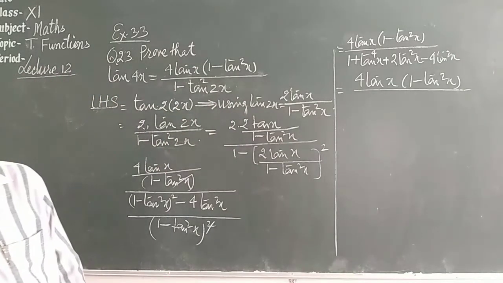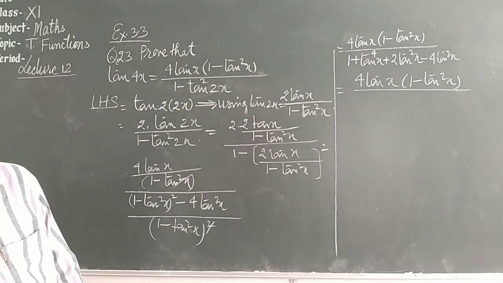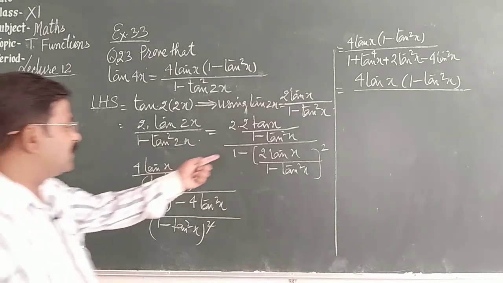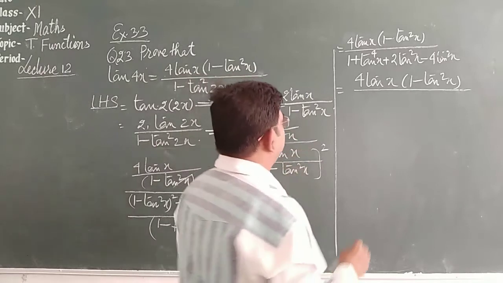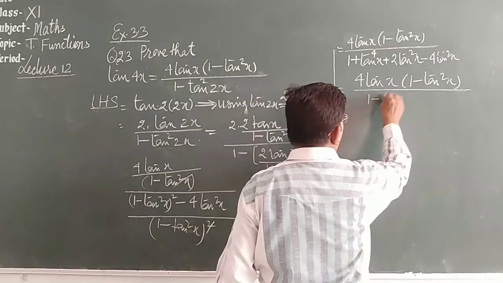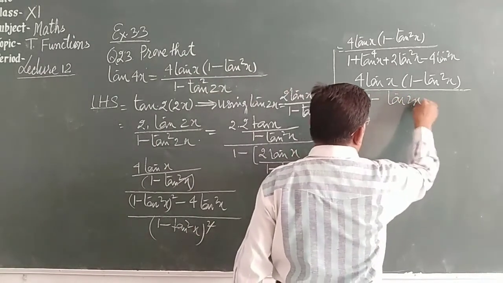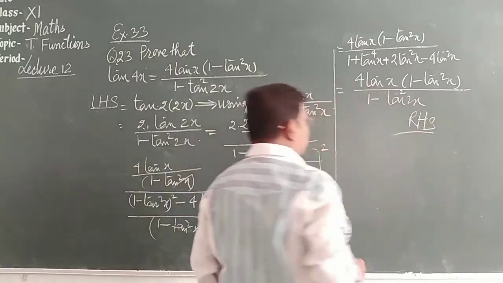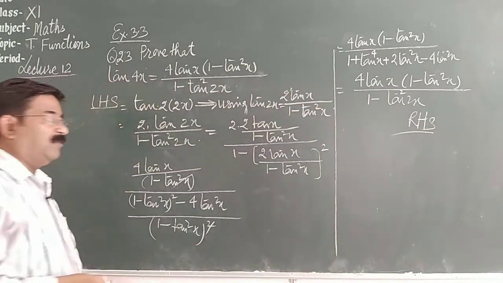We have to bring 1 minus tan square 2x. So formula is tan square 2x. You can leave this as tan square 2x, 1 minus tan square 2x. This is the right hand side.